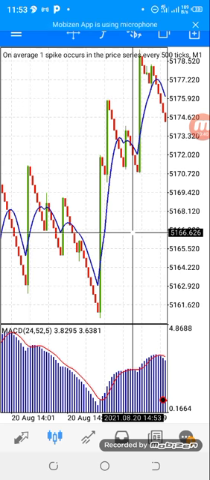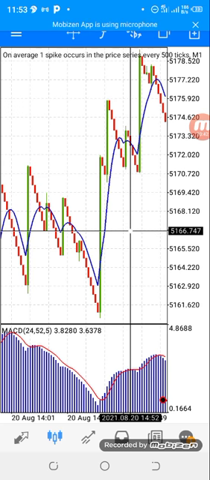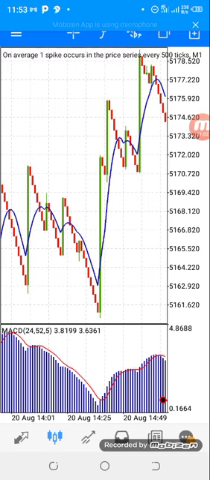Now let's check this. As at the time it touches here, the MACD bar is already inside the red signal line, which means that the red signal line is now above the MACD bar. I will not advise you guys to take this trade.